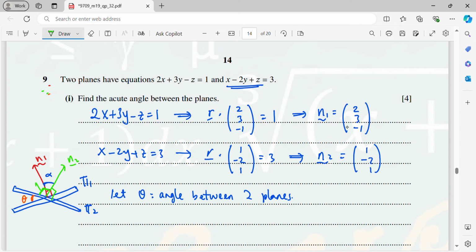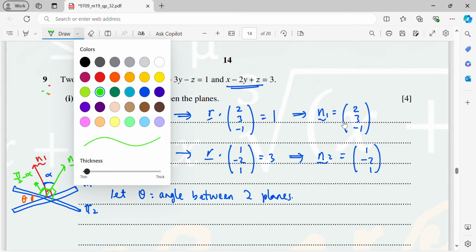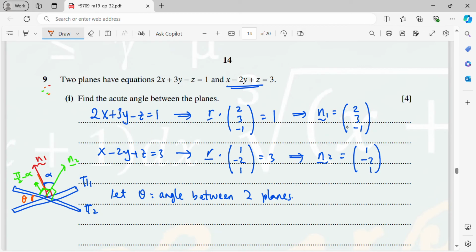Okay, that means this value is pi over 2 minus alpha. But when you refer to this part, here is also 90 degrees, which means pi over 2 minus alpha plus theta equals pi over 2. So pi over 2 will be cancelled off, therefore theta equals alpha.